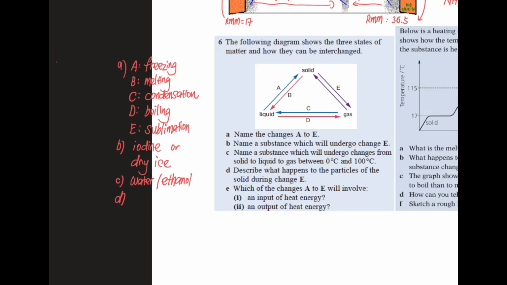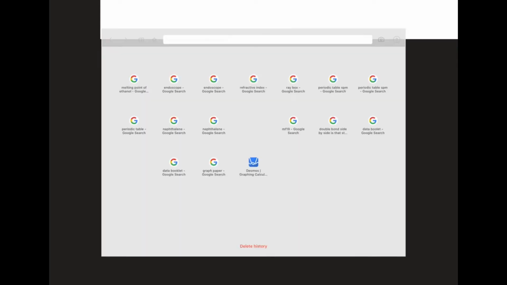Ethanol. We need to know at 0 degrees Celsius whether it becomes solid or not. I don't think so, at 0 degrees Celsius maybe it is still liquid.